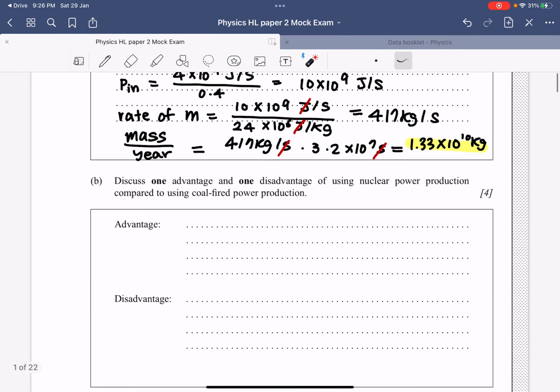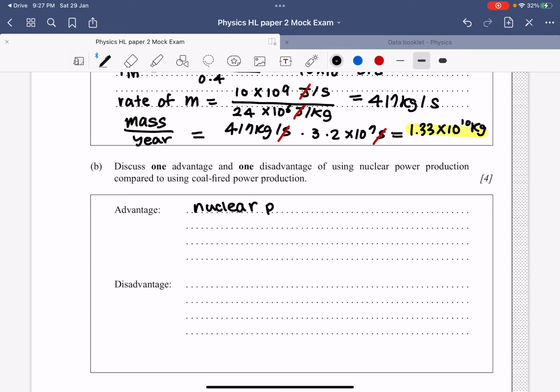To solve this, there are multiple answers, but one answer that I'm going to give you here is that one advantage of nuclear power production compared to coal-fired power production is that nuclear power stations do not produce greenhouse gases.